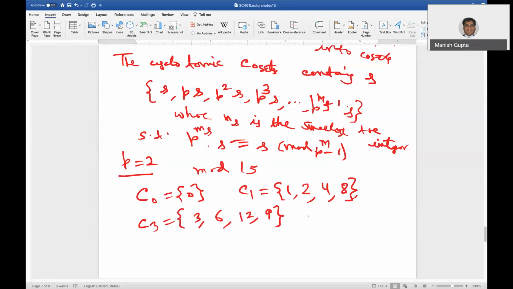Similarly, C5 is 5 and 10. C7 is 7, 14, 13, 11. So these are the cyclotomic cosets.